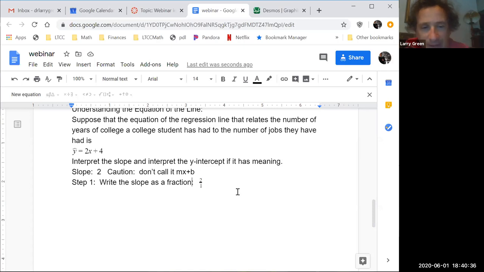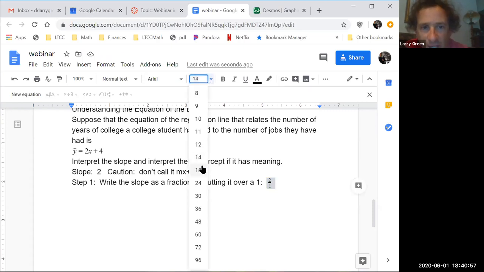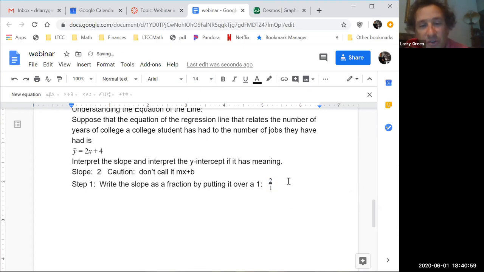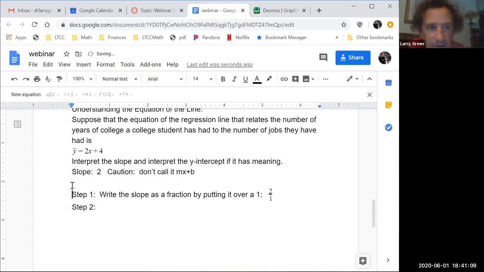Okay, so let me make a fraction by putting it over a 1. Any questions at all on that little trick? Okay, I should write for the slope, step 1 and step 2.